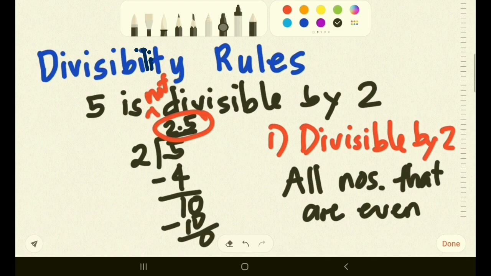Example, 8. Of course, 8 is divisible by 2. 10, 102. These are even numbers, so they are divisible by 2.